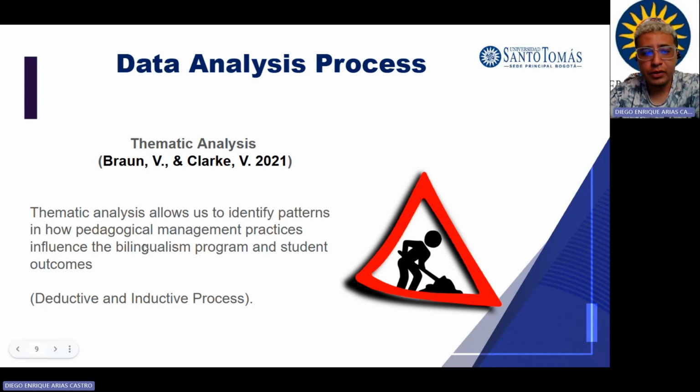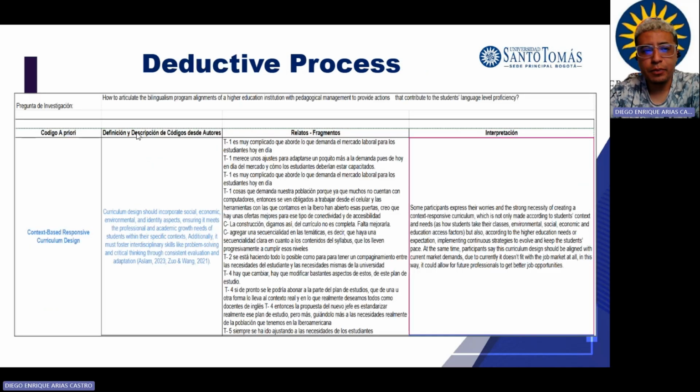For this data analysis process, we implemented a deductive and an inductive process that I'm going to explain at this moment. The deductive process basically selected some a priori codes taken from and connected with the authors that we have in our literature review.